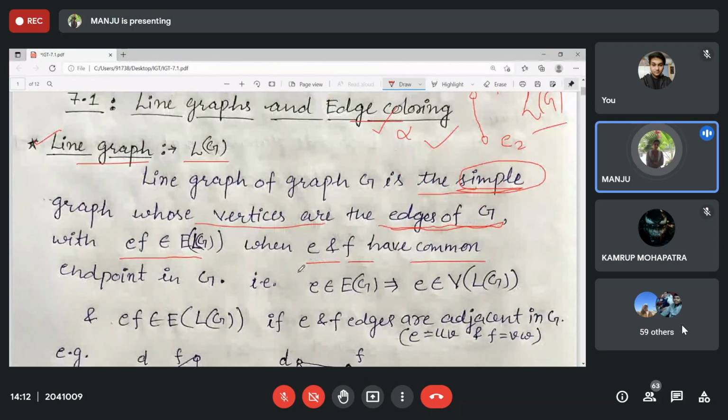Or in short, two vertices E and F are adjacent in L of G if E and F are adjacent in G, or you can just say having a common vertex. Clear?